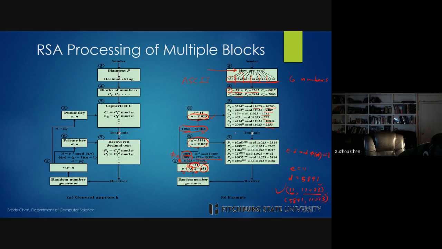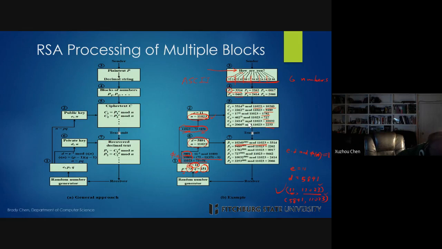Now to decrypt the message, you need to calculate C1 to the 5,891 modular n, which is 11,023. So this is actually a huge operation, right? You need to calculate 10,260 to the power of 5,891.